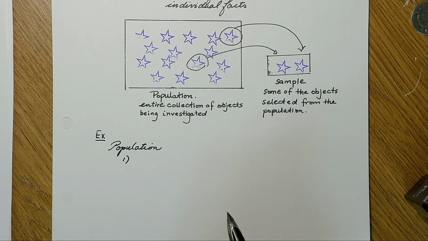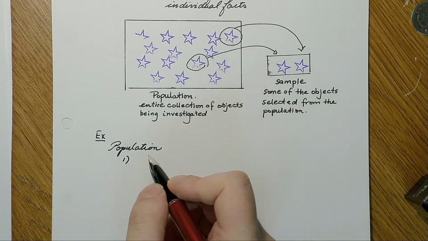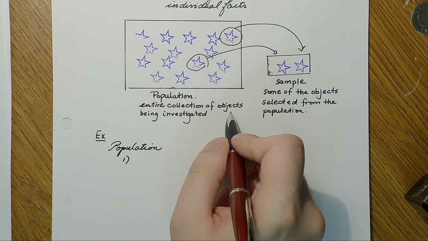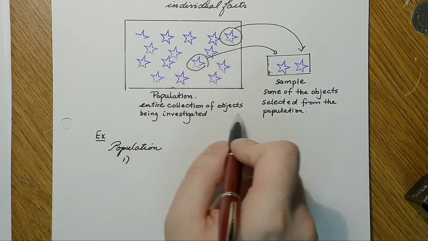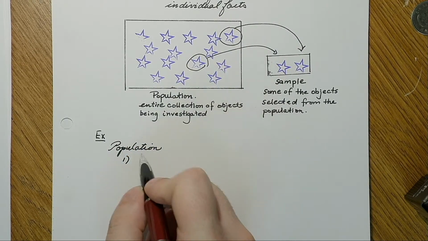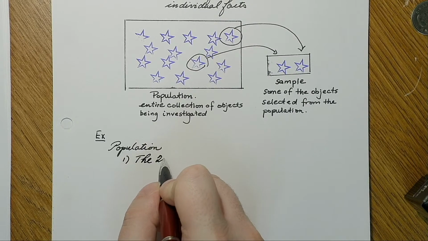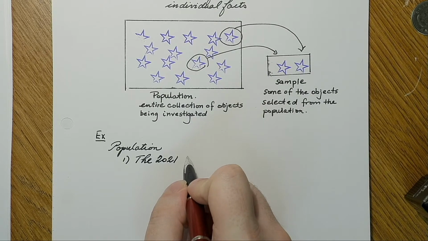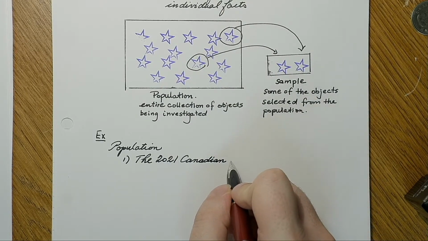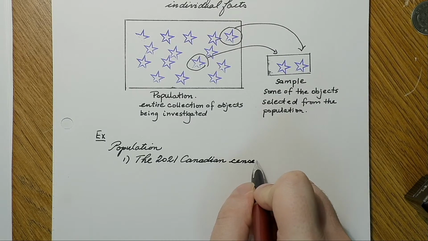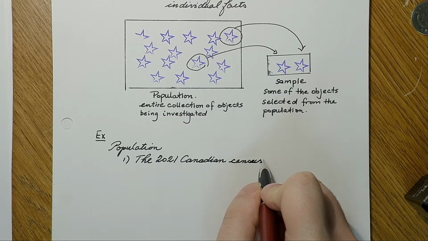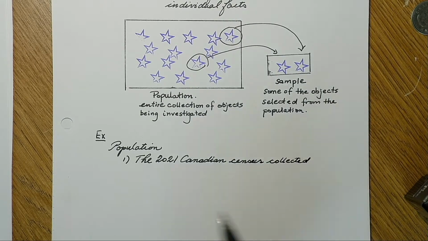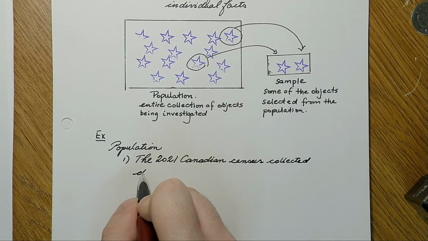So here's an example. We have a population, and again, the idea is of the entire collection of objects being investigated. So for instance, we can think of the 2021 Canadian census, we collected detailed information.